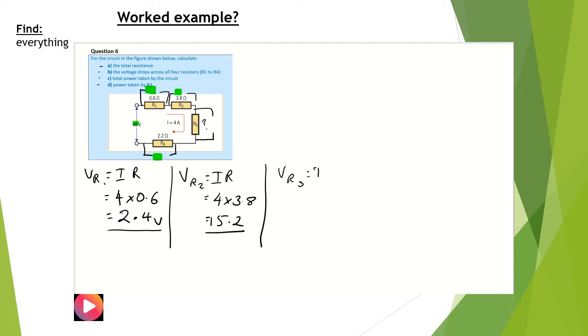VR3, and of course we can use the current, as you are now aware, is constant at 4 amps all the way through the circuit. That's the problem. Don't know what that is, so I can't work that one out. Okay.